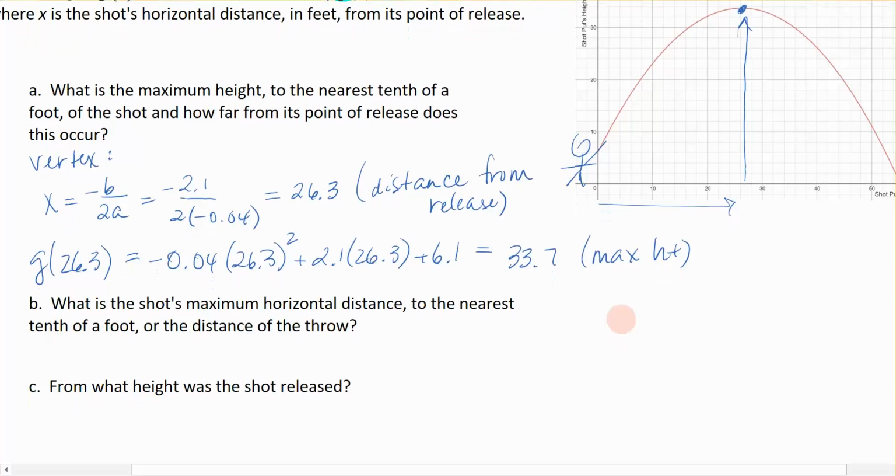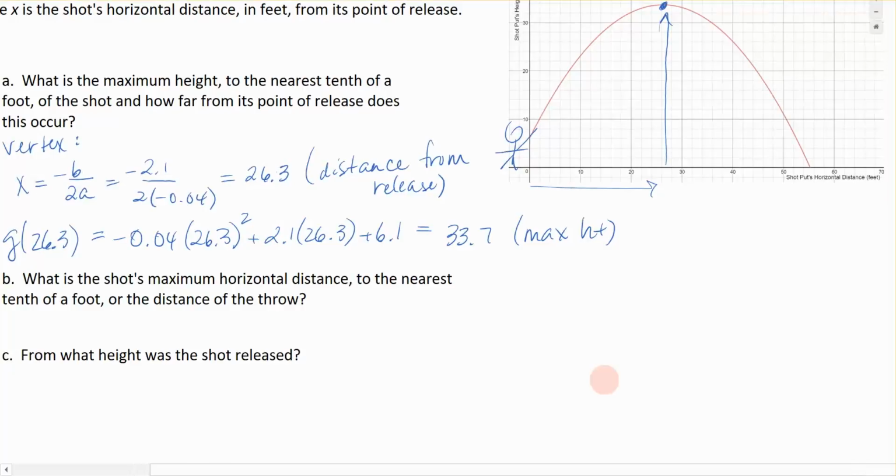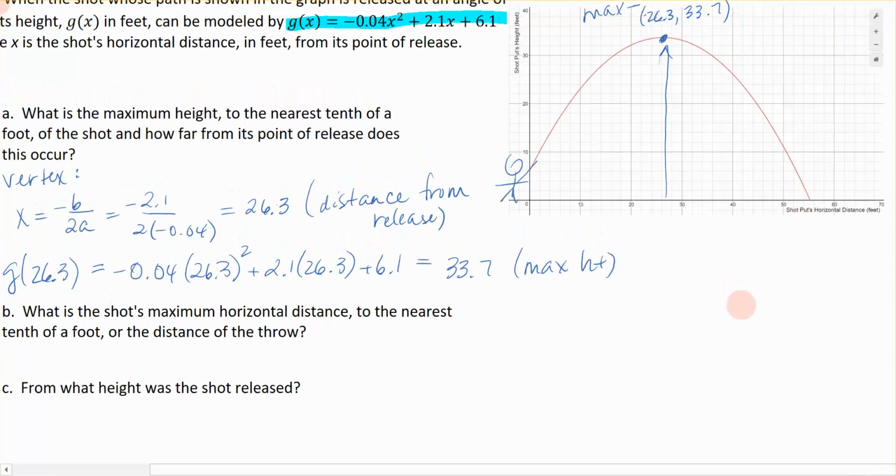Now the next part of this question says, what's the shot's maximum horizontal distance? Well, that's a little bit different of a question. If I think about the path that this shot put travels, then the maximum horizontal distance is how far did we get, this is the maximum distance horizontally, from where we started.